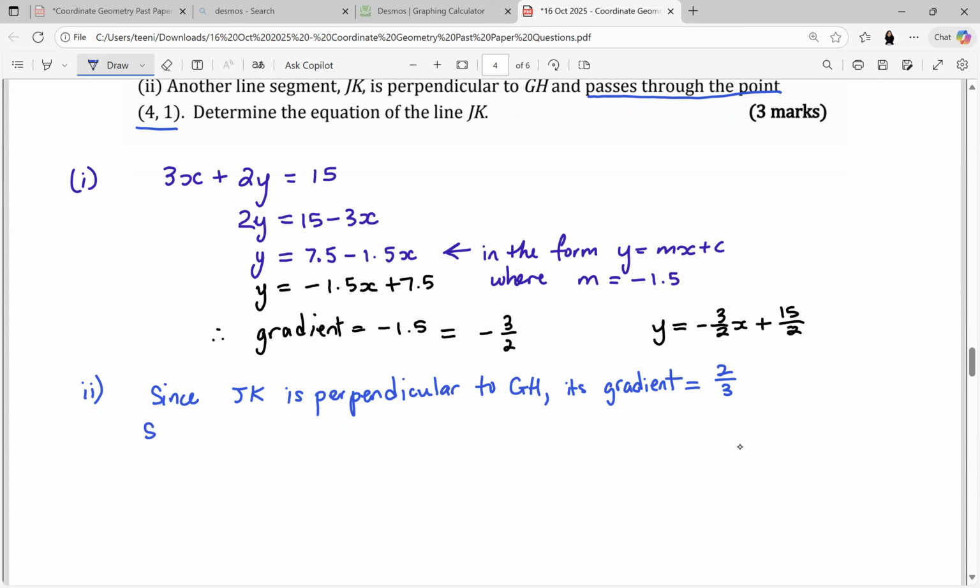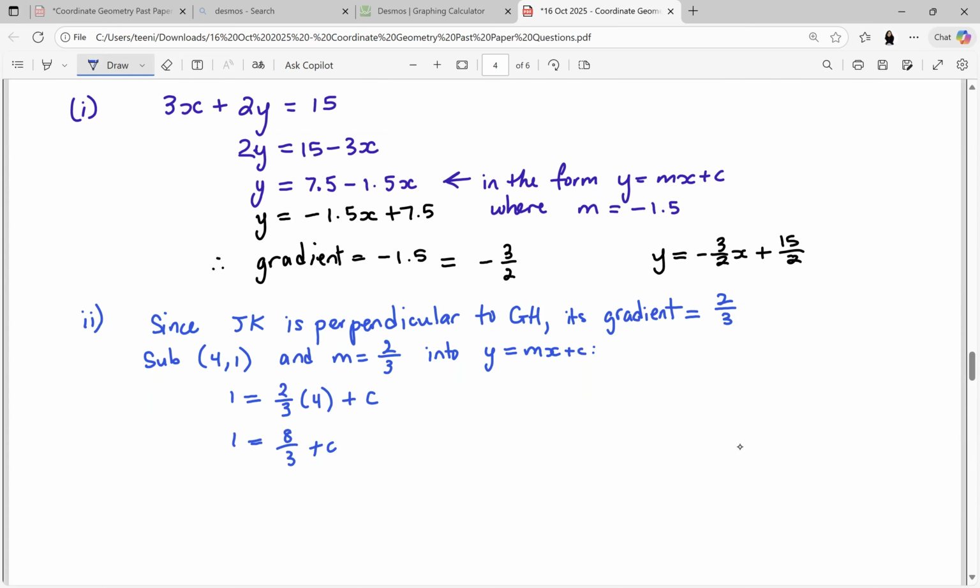So we will substitute that point (4, 1) and the gradient m equals 2/3 into the equation y equals mx plus c, where y is the y coordinate, so that would be 1. m is 2/3, x is 4, and we're trying to find c. So this would be 1 equals 8 over 3 plus c.